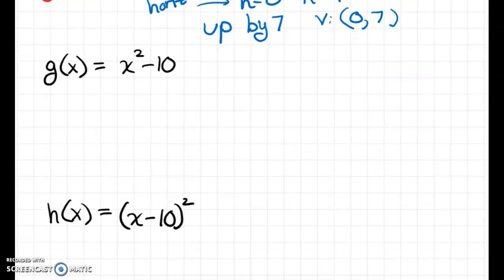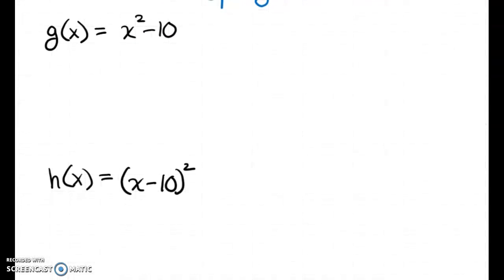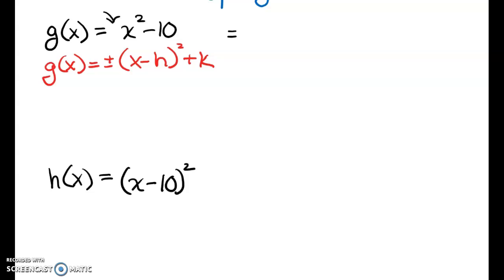All right, let's look at another example. So let's compare this to my generic equation. Plus or minus x minus h squared plus k. All right, so again, this equation has a plus in front, so I'm going to add the plus in front, but I'm not subtracting anything from this before I square it, so I'm going to add a subtraction of 0.